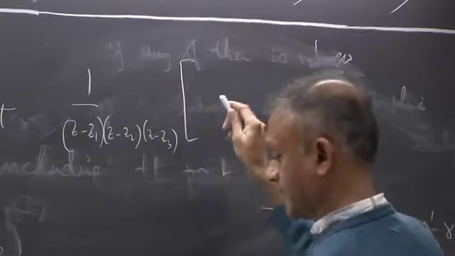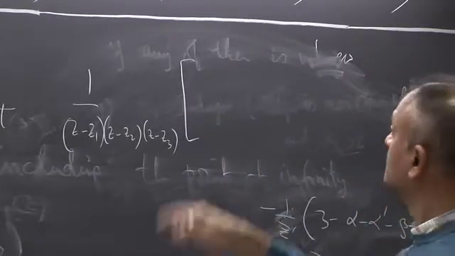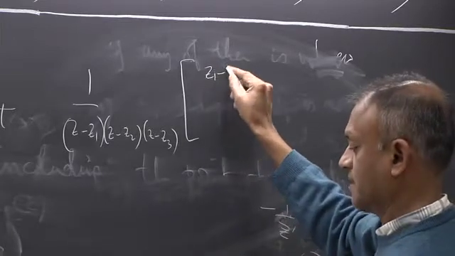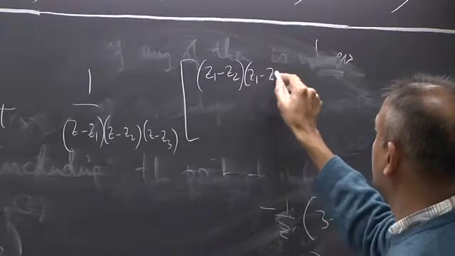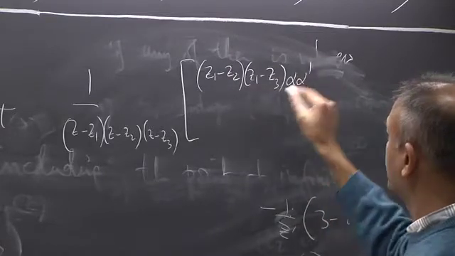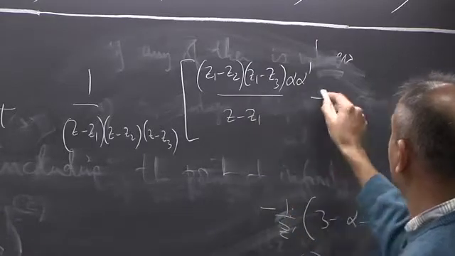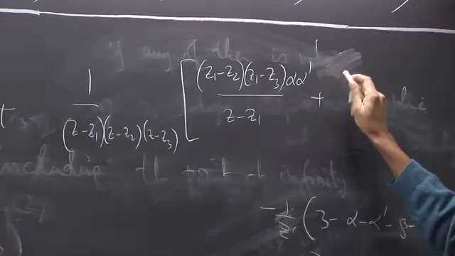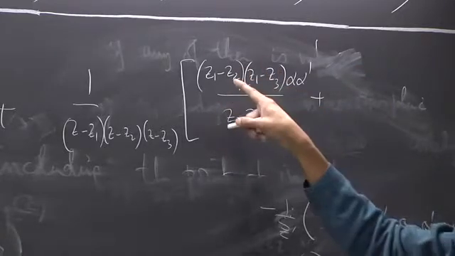times, now I write it here. So what is that? z1 minus z2 times z1 minus z3 alpha alpha prime divided by z minus z1, plus, now I just cyclically change these indices.